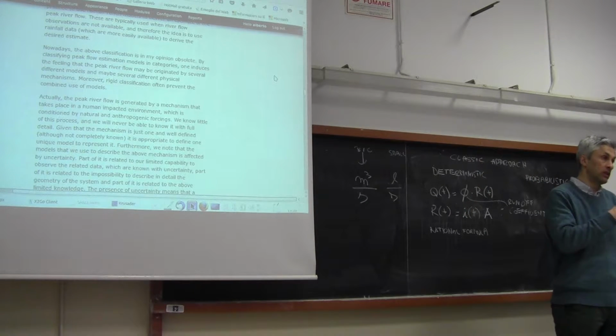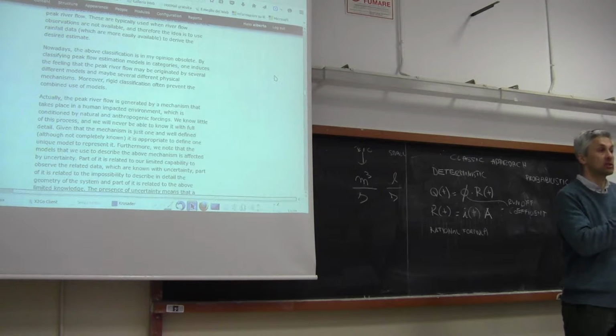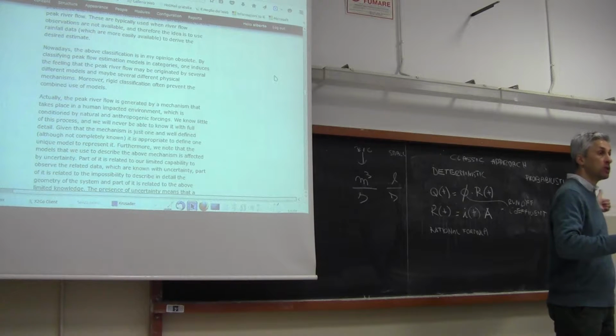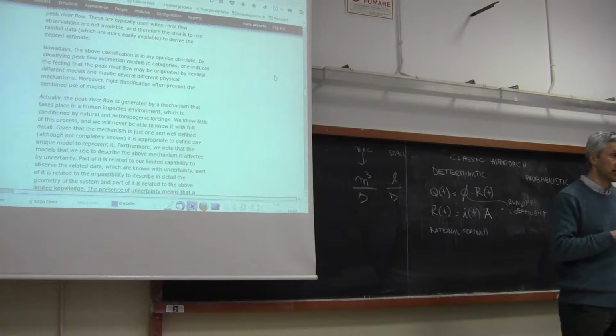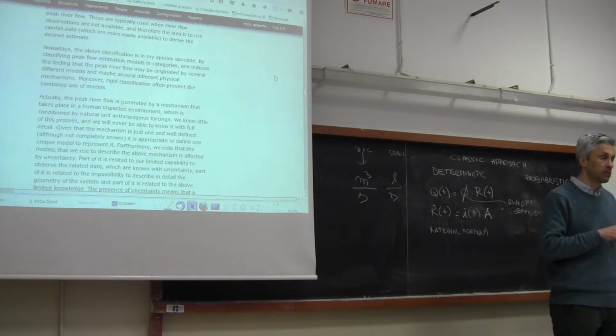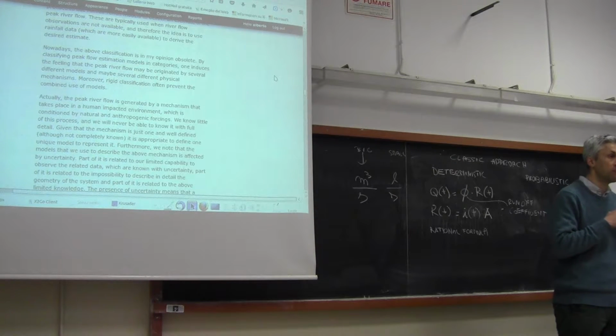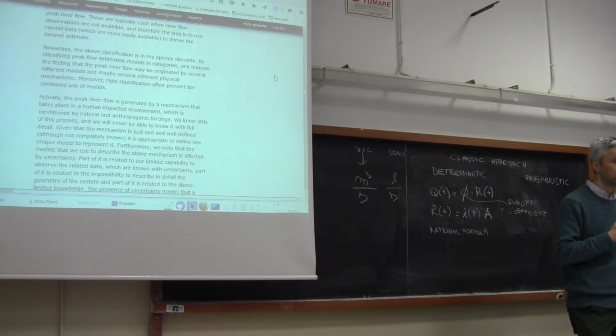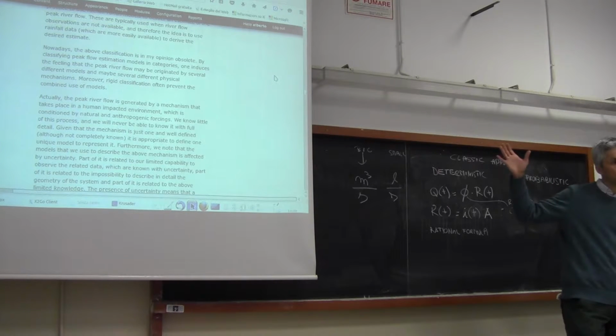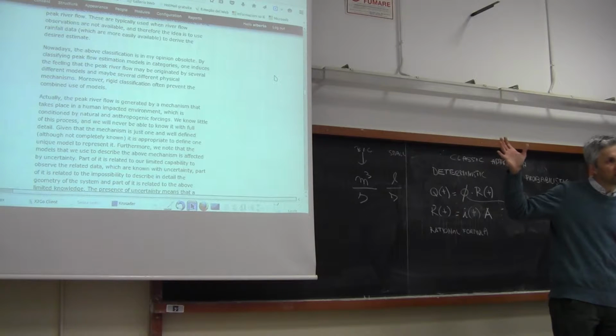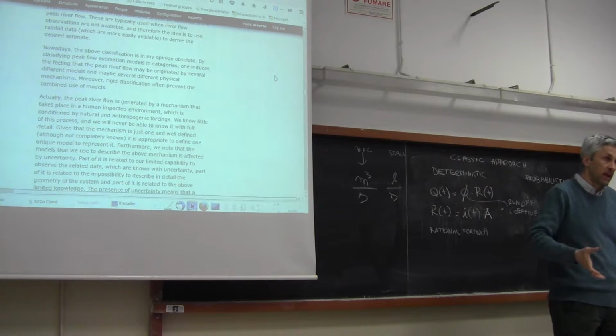So uncertainty in the observation is a reason for the presence of uncertainty in our models. Another reason is that it's impossible to define the geometry of the system. In the case of river flow, it's relatively easy. But think of the flows in the underground.